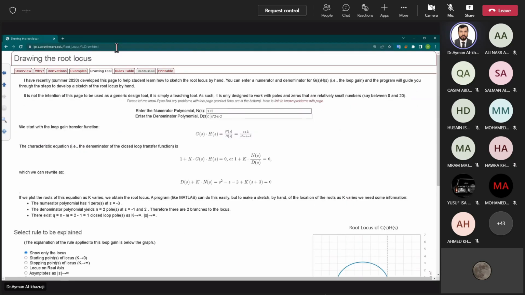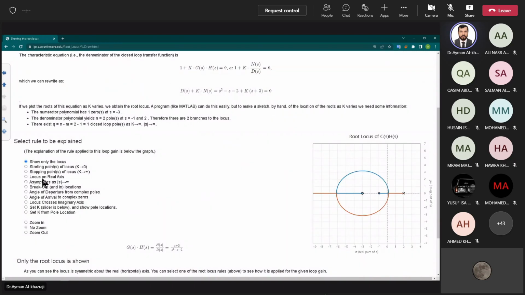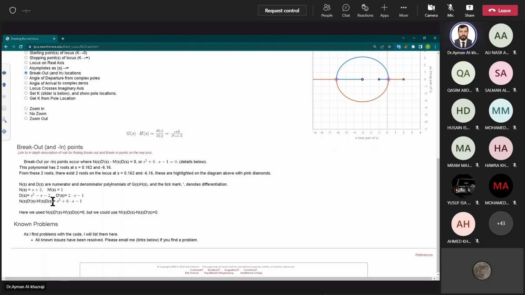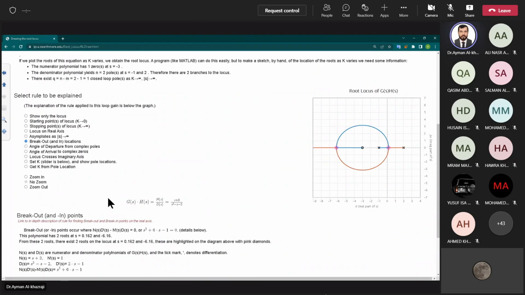If you want, I can give it in the chat box. Here you give your numerator, here your denominator. And just if you click here, it will show you where it is starting, where is the end, where is the breakaway, how to find the breakaway. Okay, you have the breakaway here, and you can find the points.